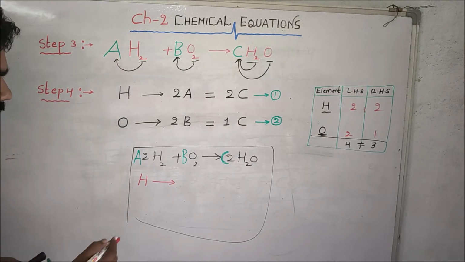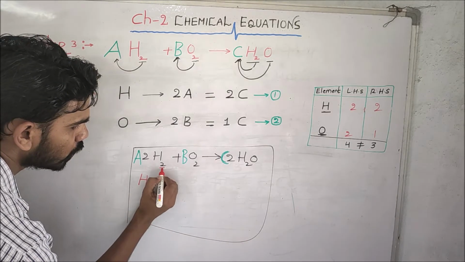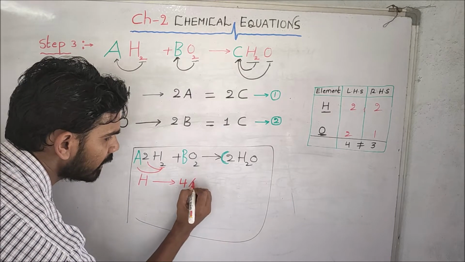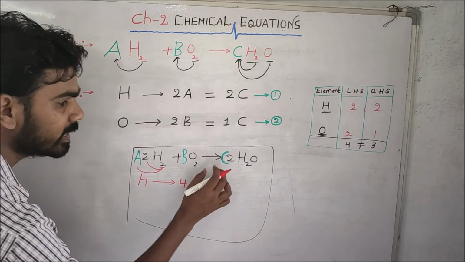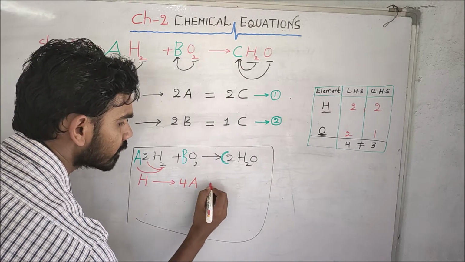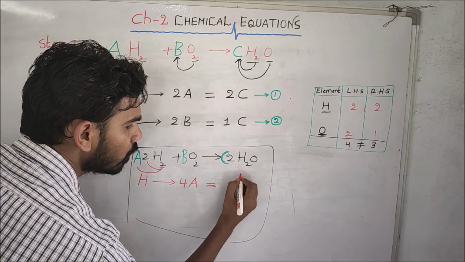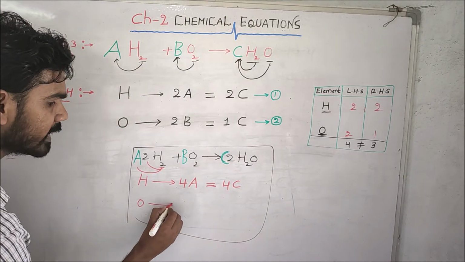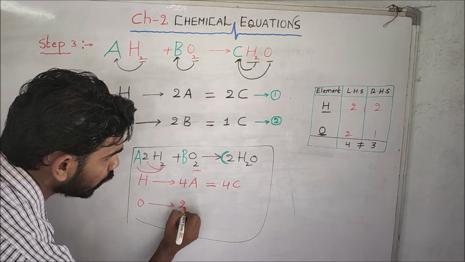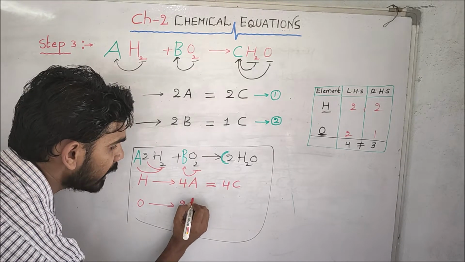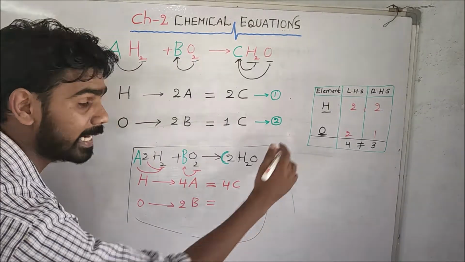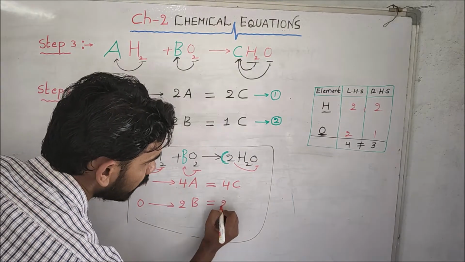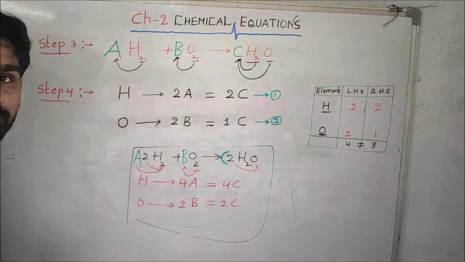Now how many hydrogens are there here? On left hand side, 2 2s are 4. 4 belongs to which family? A family. Now this side is equated to right hand side. 4 hydrogens are there. Which family? C family. Now I am going to oxygen. How many are there? 2 oxygens. Which family? B family. Should be equated to right hand side. How many are there here? Only 1, multiplied with 2. 1 2s are 2. C family.